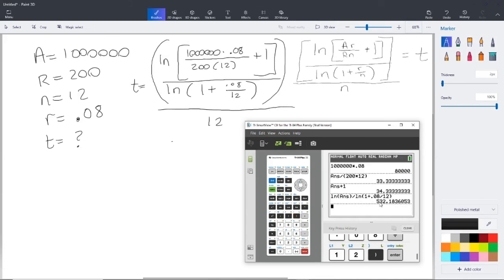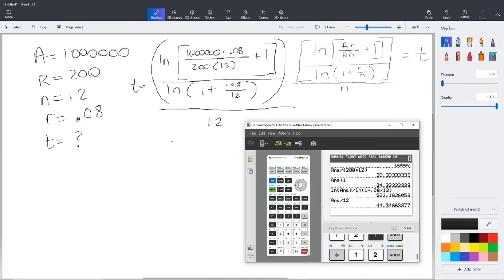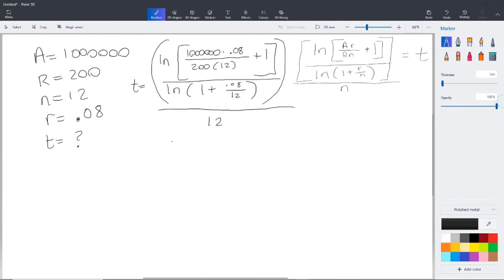It's 532. So the final thing for us is to say divided by 12. And the answer is going to be 44.348, etc. So it tells us that it's going to take us 44 years of making $200 payments into this annuity in order for us to achieve $1 million.